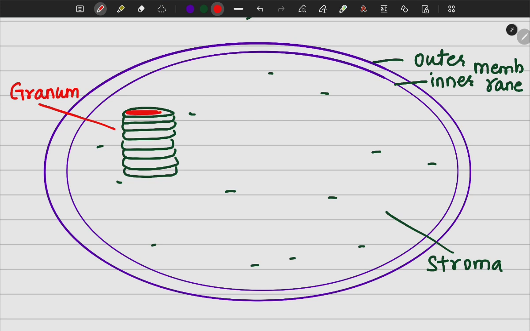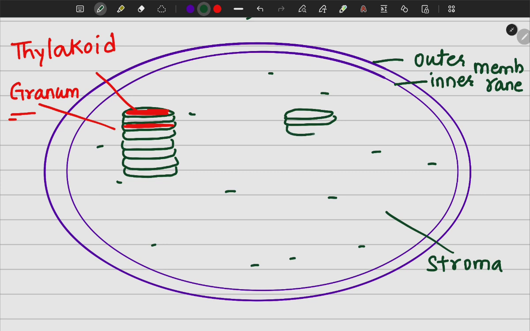If we talk about just this coin, a single structure, that is the single unit of the granum and is called a thylakoid. So a group of thylakoids forms a granum. Thylakoid is the single unit, and if we keep on stacking thylakoids one upon the other, then we form a granum. A large number of grana will be found inside the stroma.